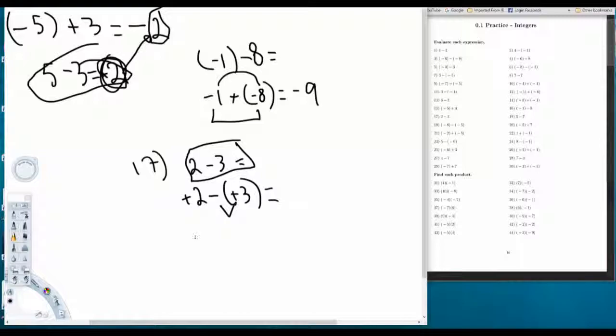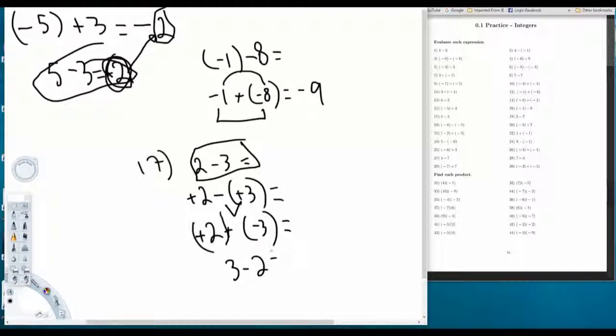So basically it becomes positive 2 plus minus 3. And since we have an addition sign and two different signs, we're going to go 3 minus 2 equals 1. Here, the sign of the biggest number is a negative. Answer is minus 1.